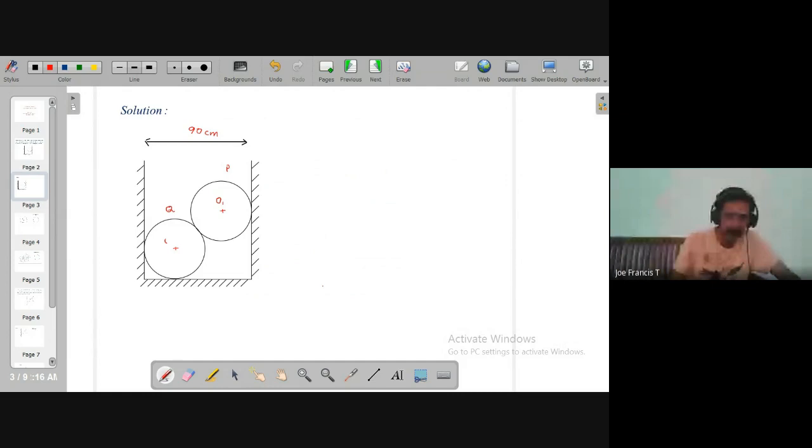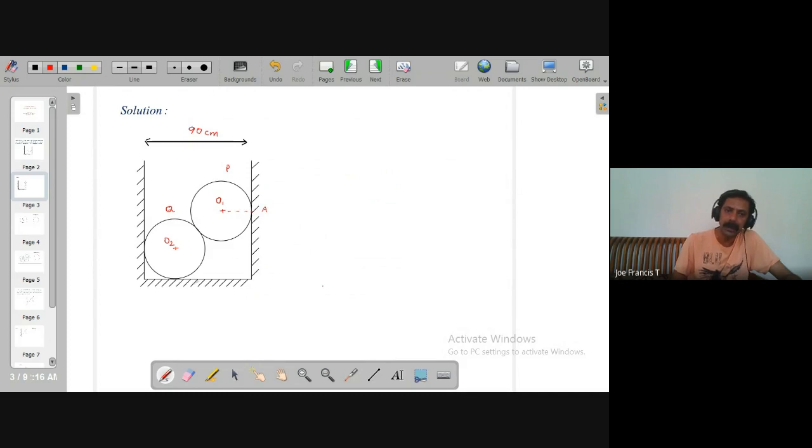It is O2. So these are the two centers. And which are the contact points? If you consider the sphere P and draw a horizontal line here, it meets the vertical wall at this point. So this is one contact point. I shall name it A, the first contact point.